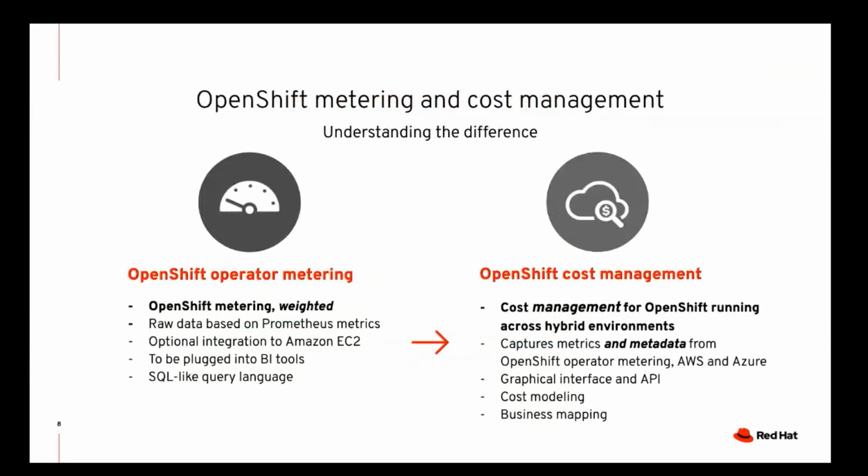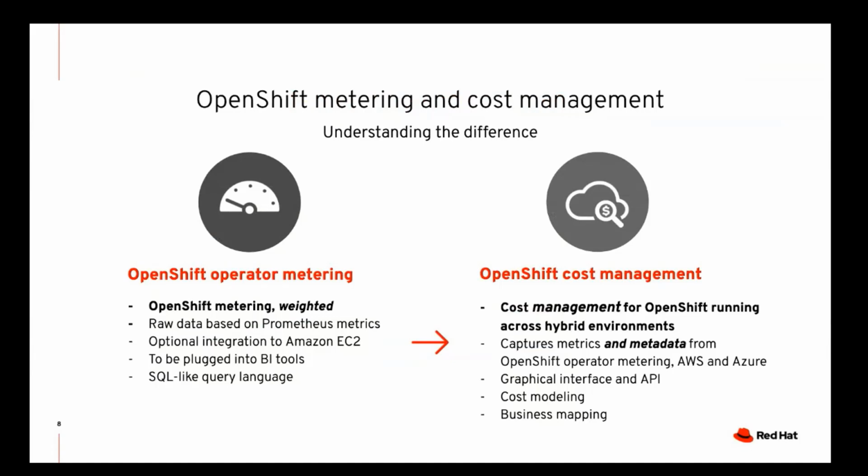There's one big thing you need to understand. There are already some capabilities of this in OpenShift. If you install operator metering, many of those things can already be done. You can have reports, you can schedule them, you can see the basic data because OpenShift includes Prometheus out of the box.